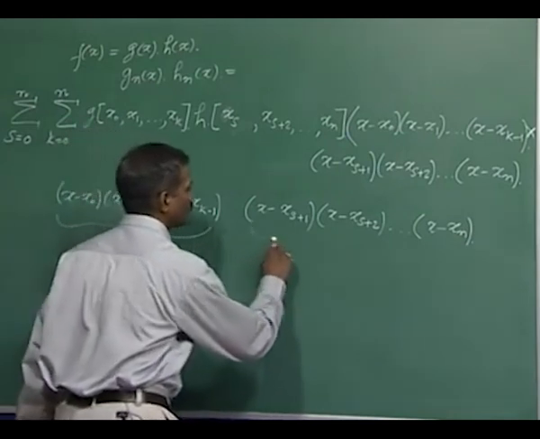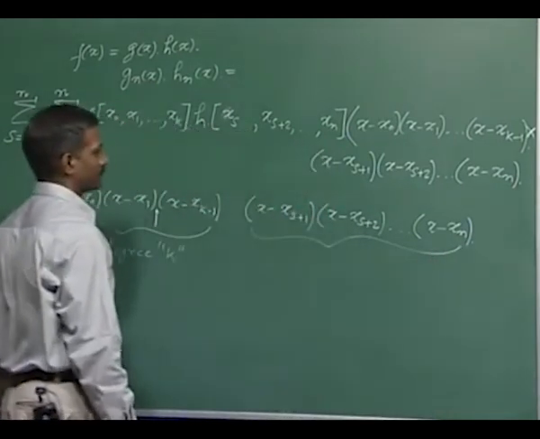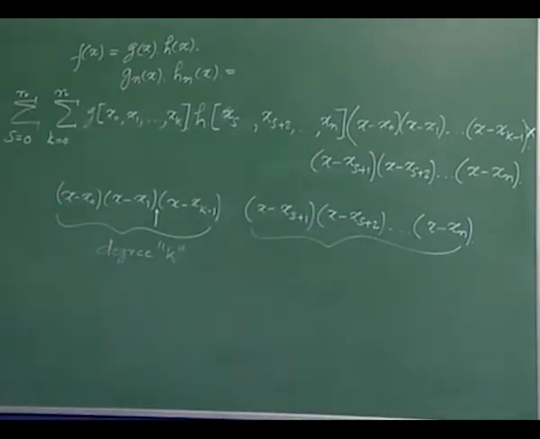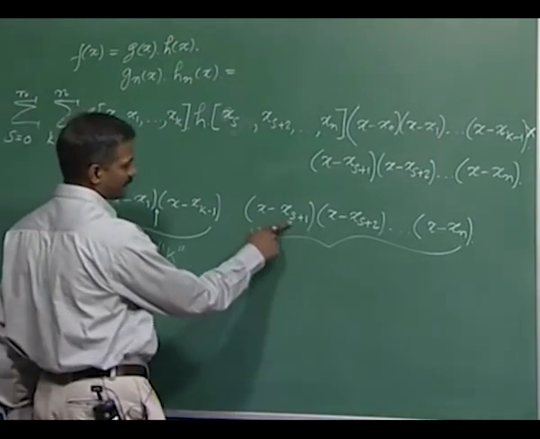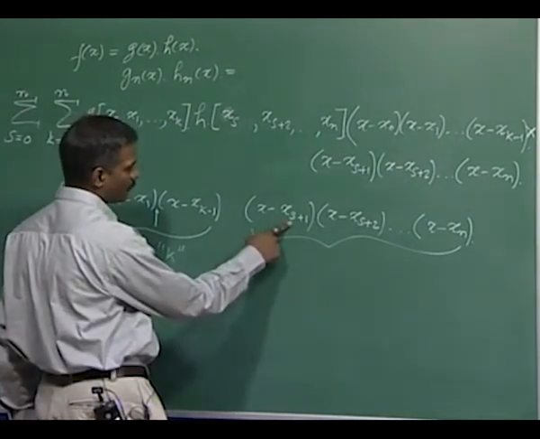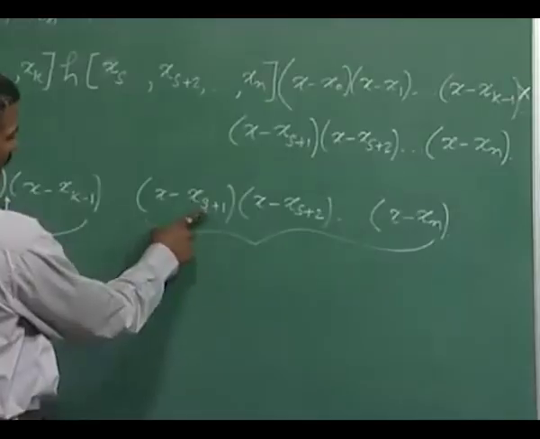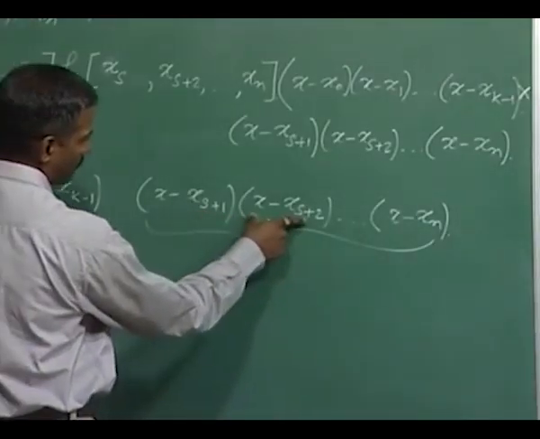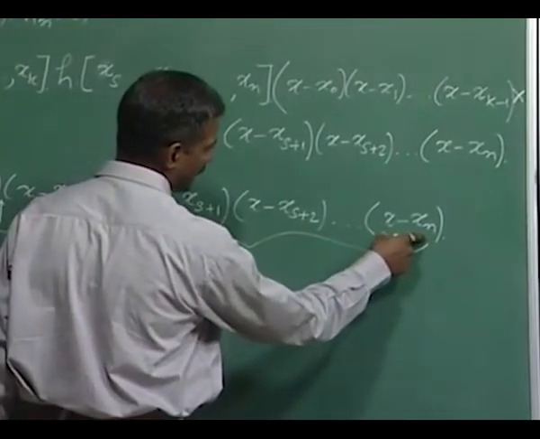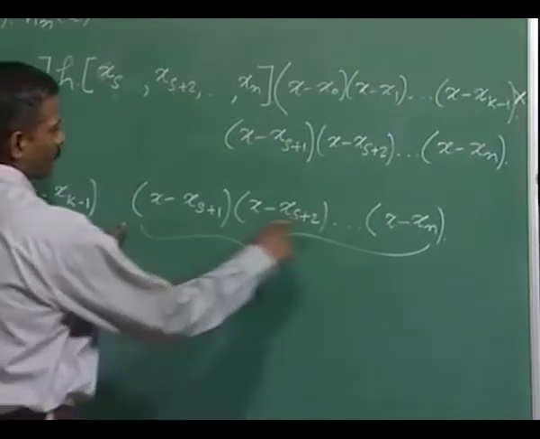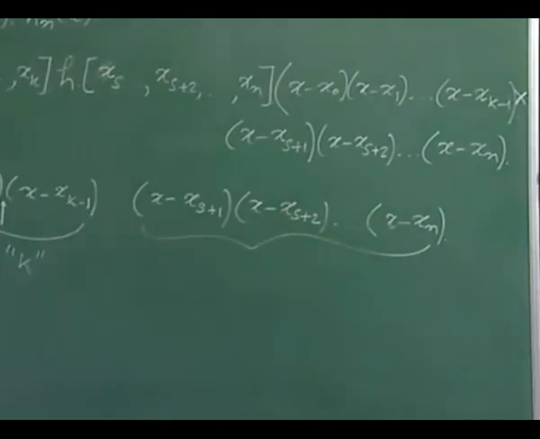How about these terms? If I set s equals 0, then I'll have x minus x1, x minus x2 up till x minus xn, and that will have a degree n in x.